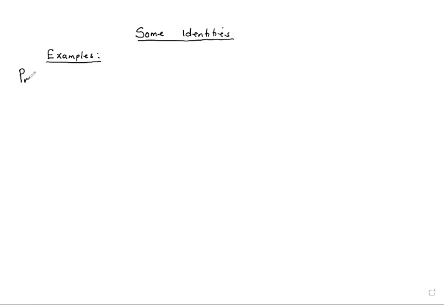Prove the following identities. One, or should we call it one, so that we have A. Oh, I like it in this form, one.